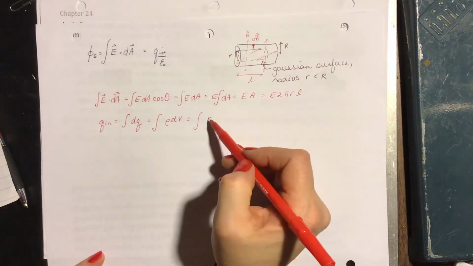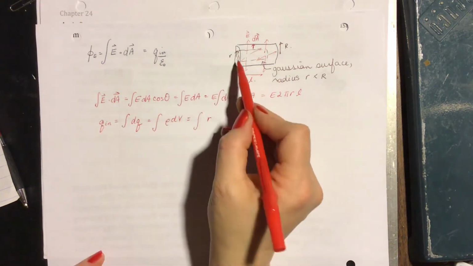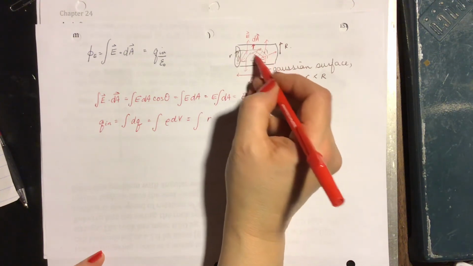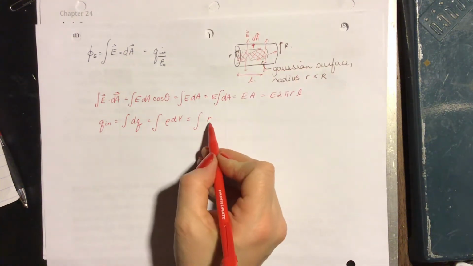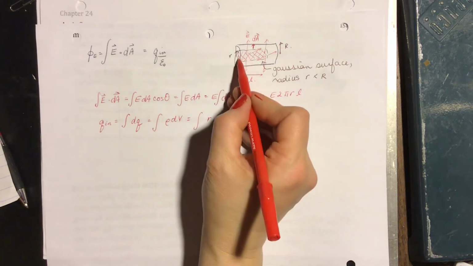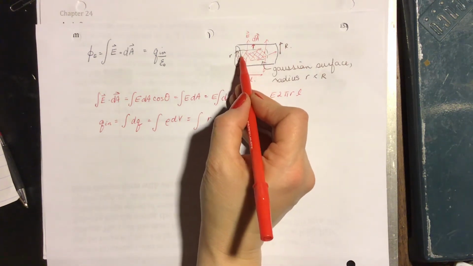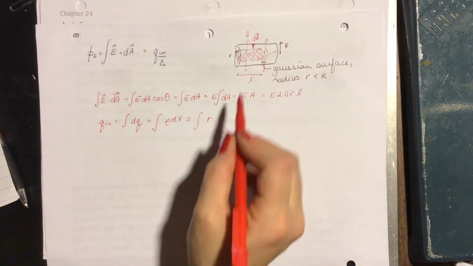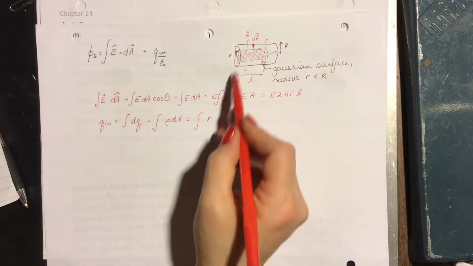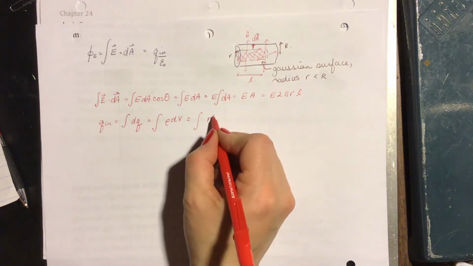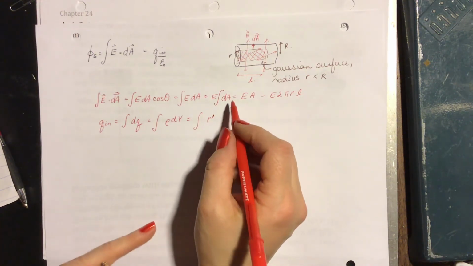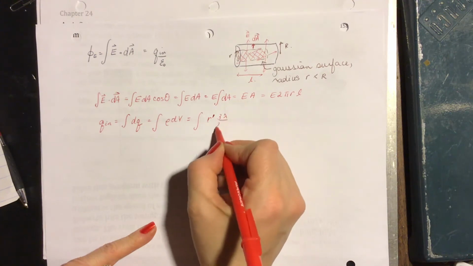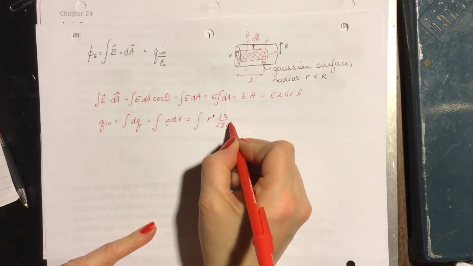For Q in, we want to calculate all of the charge within this Gaussian surface. So when I write down r here, I'm summing up contributions due to little shells within here. I'm trying to build that integral. So this r is not the same as that r. This is one cylinder within here, so I'm going to call that r primed. R primed times 3 lambda over 2 pi R cubed.